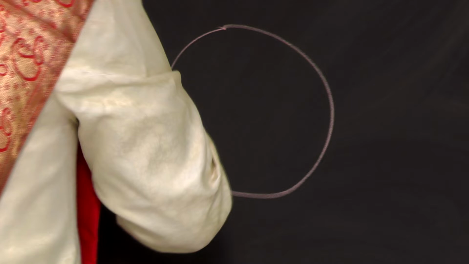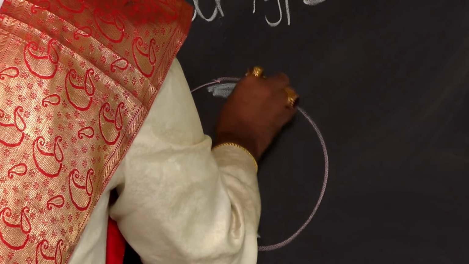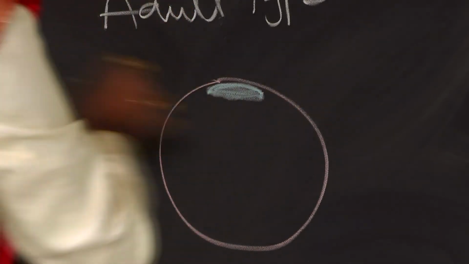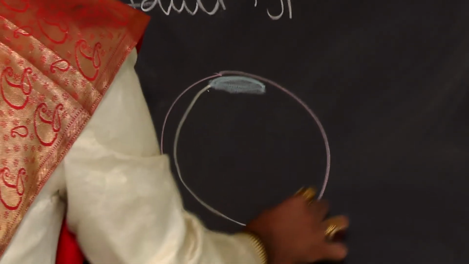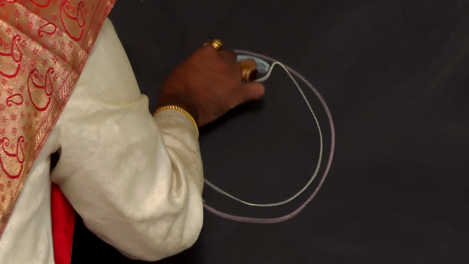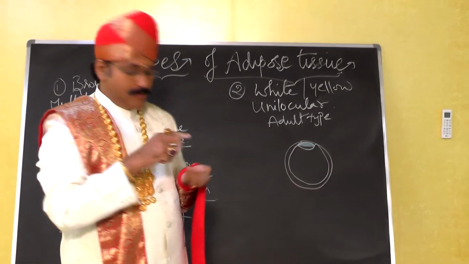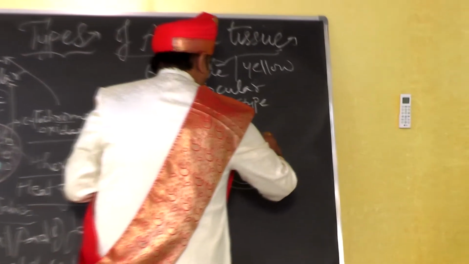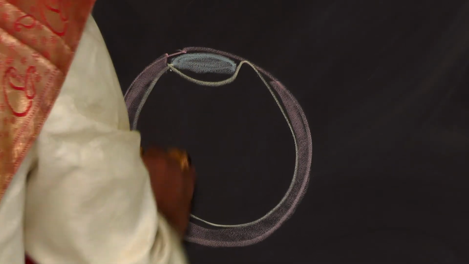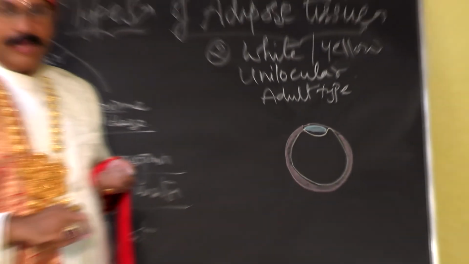For example, now this is a cell. Here the nucleus is flattened and pushed to the periphery, as you can appreciate, and here there is a single large fat droplet, and you have a thin rim of cytoplasm.